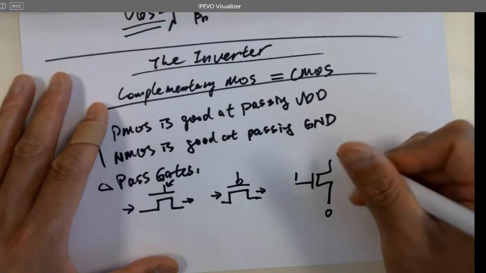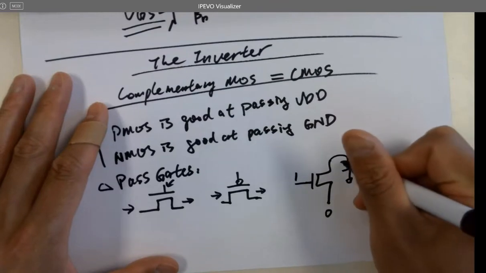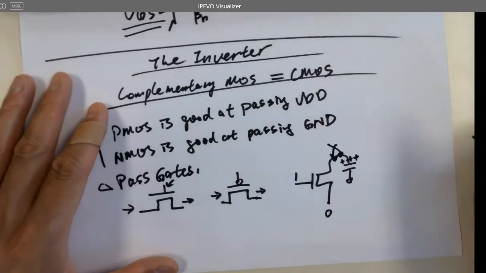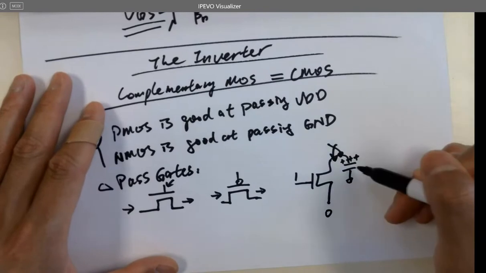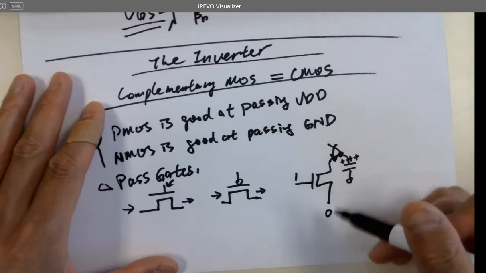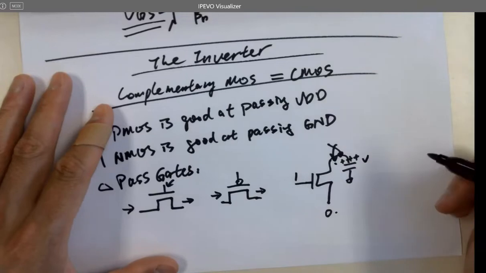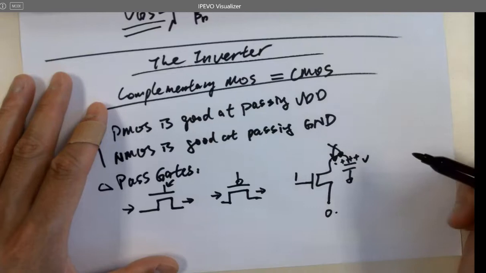Okay, and initially here's a cap that stores a charge, and you have a switch here, right? You close the switch at some point to discharge the cap to ground. Or you can consider that I'm trying to pass 0 to here, because originally it has a V potential being held by the cap at the very beginning.